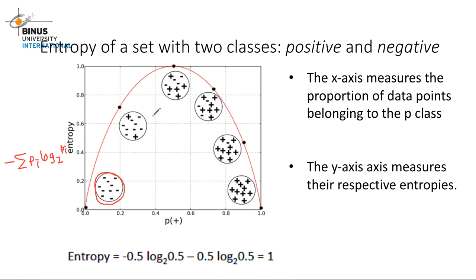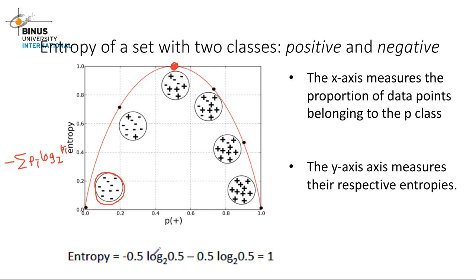So we want to have the graph like this, a hyperbolic graph. At the highest point here, the number of instances with the positive label equals the number of data with the negative label: 1, 2, 3, 4, 5, and 1, 2, 3, 4, 5.